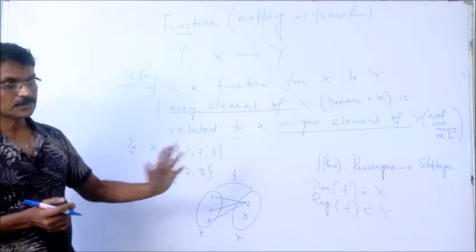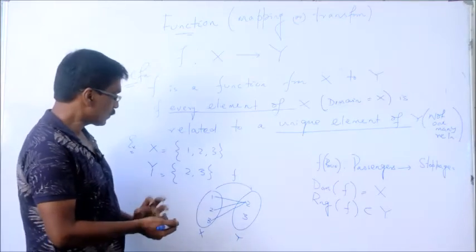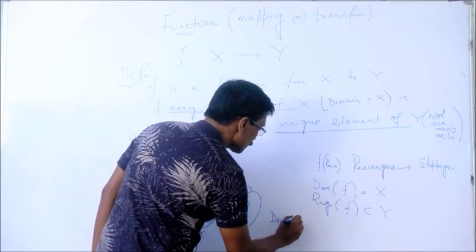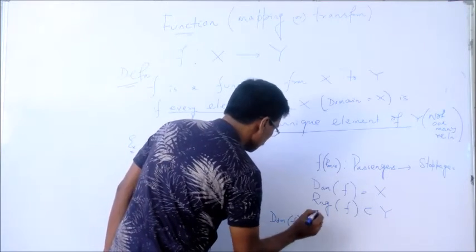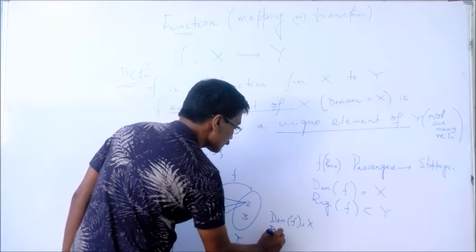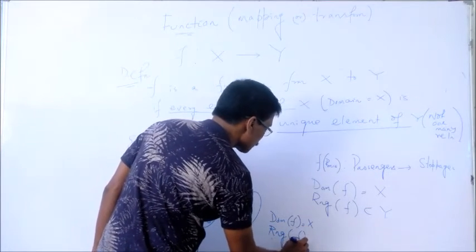So, now this is a function. Obviously, domain is equal to x set. Now, what is the range? The range of this function is equal to {2}.